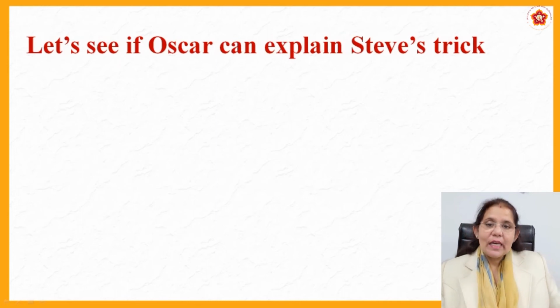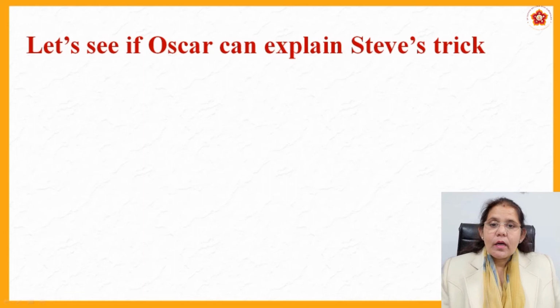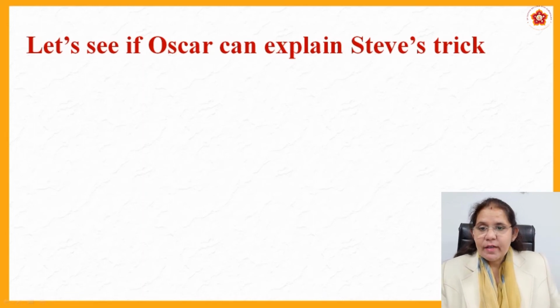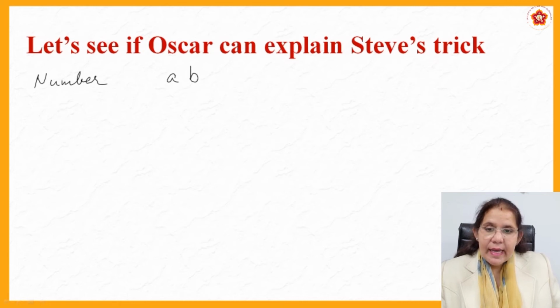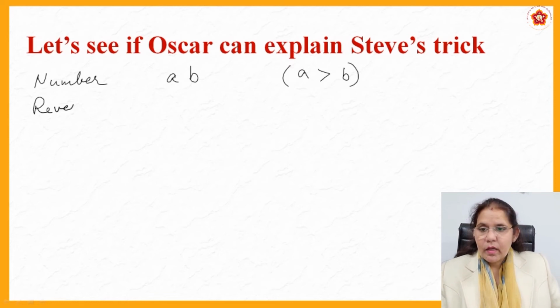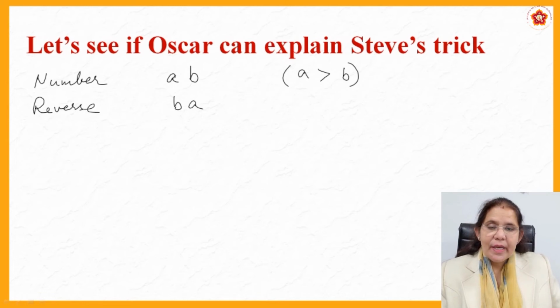Let's see if we can explain Steve's trick by taking the 2-digit number in general form. The number is AB and here we will assume that A is greater than B. Reverse the digits, we get BA.